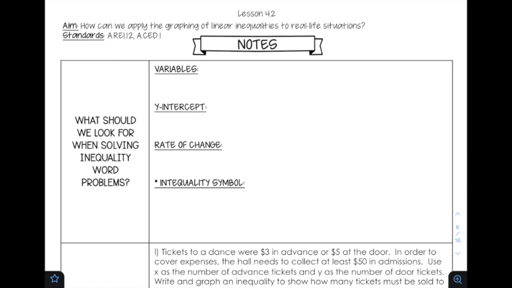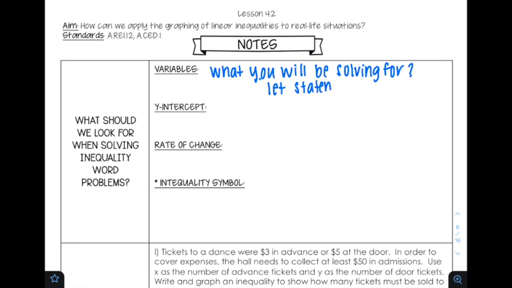So solving for inequality word problems are very similar to solving for equation word problems. You need to find your variables. Basically, that's what you're going to be solving for. And here we write usually a let statement, and sometimes they actually give us the variables.